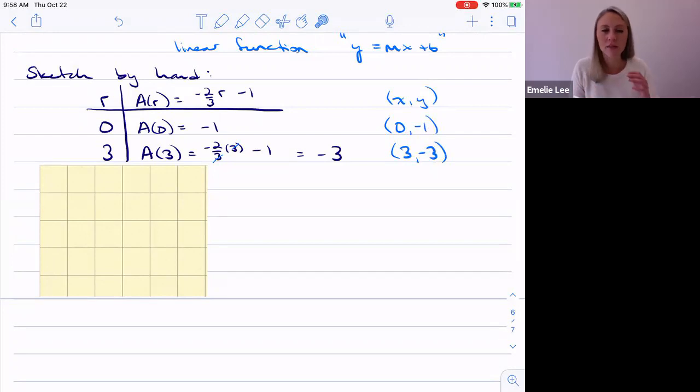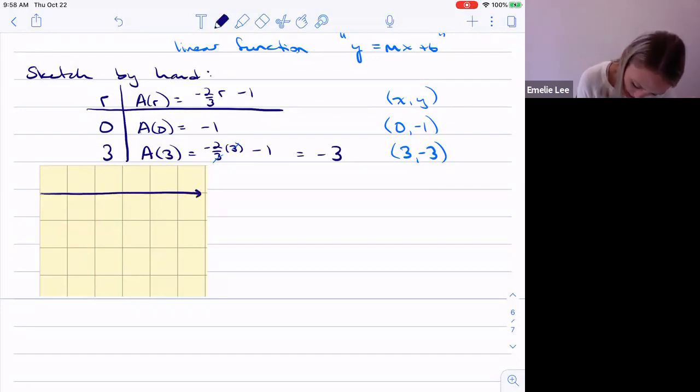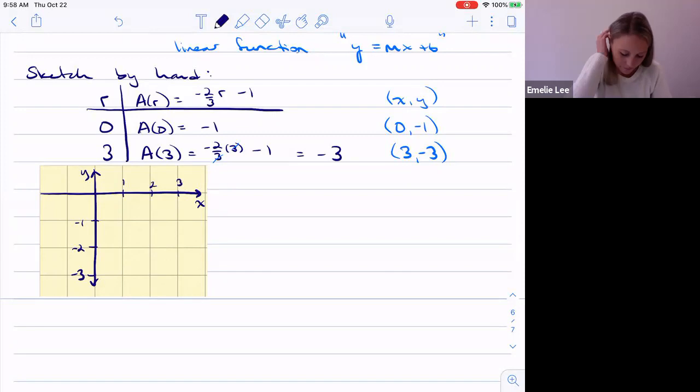So I'm just surveying the scene to figure out where to put my axes on here. So I know I need to make room for y equals negative 1 and 3. So what I'm going to do is I'm just going to put my x-axis here and my y-axis here, and I'm going to use negative 1, negative 2, and negative 3. 1, 2, and 3.